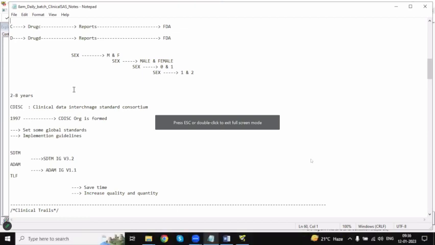Even today it is the same. The fastest vaccine we received was only for COVID. For any other vaccine or medicine, it is a minimum of 2 to 8 years.